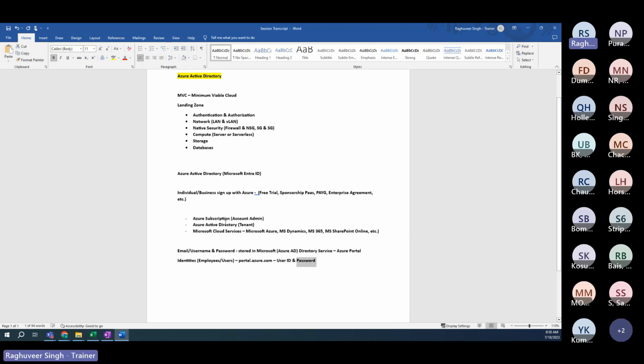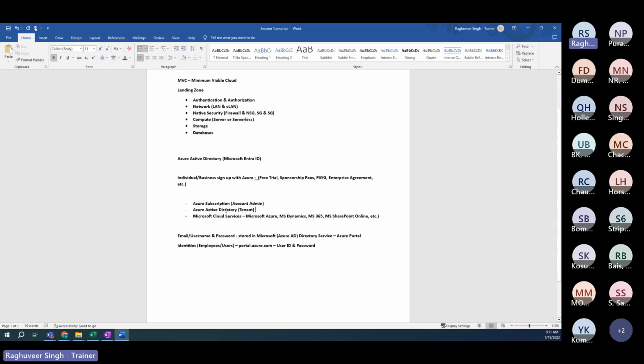When you provide the password, the information goes to the Azure Active Directory tenant to which your subscription and your account are attached, and then the tenant authorizes that yes, the password is correct. And with both pieces of information, user ID and password, the tenant also knows what level of access this identity has in Azure, on both Azure Active Directory as well as on various subscriptions which are associated to Azure Active Directory. So that is the overall process.